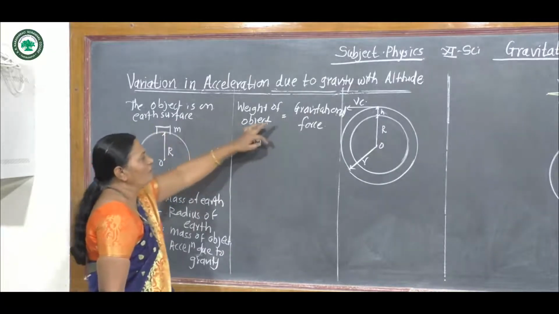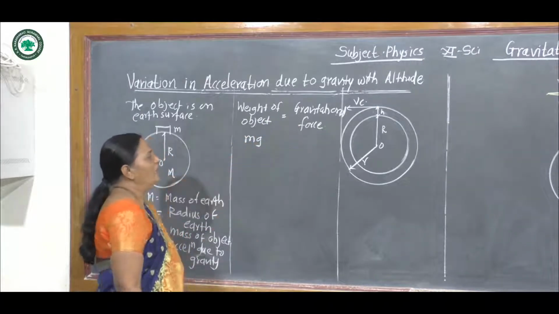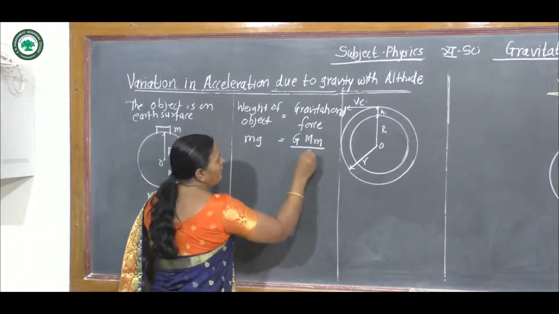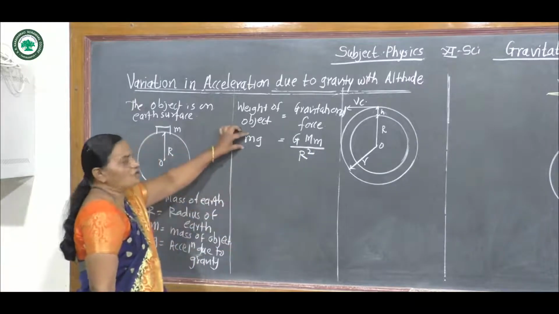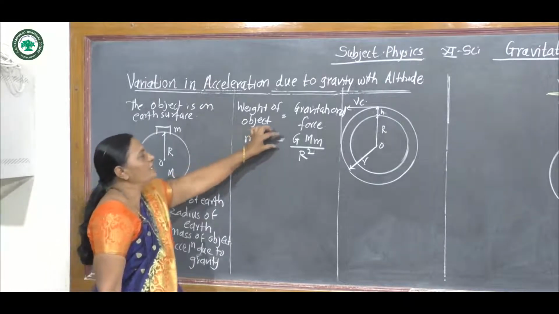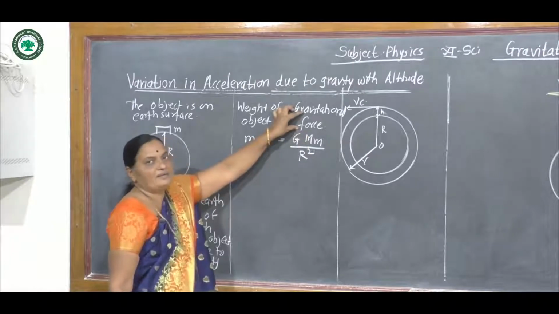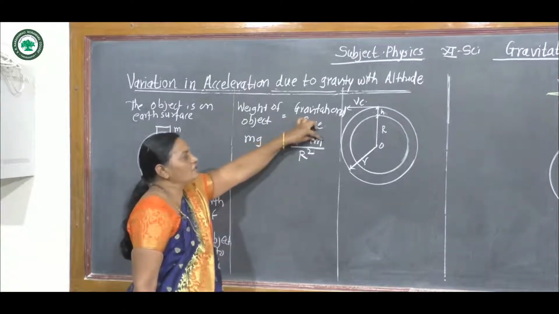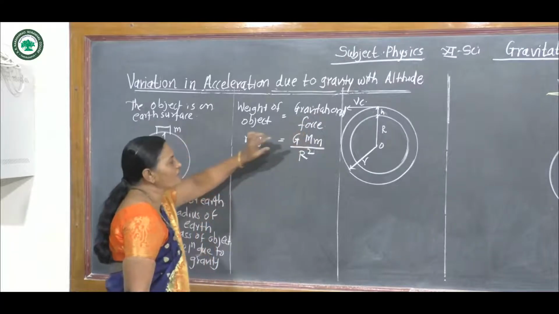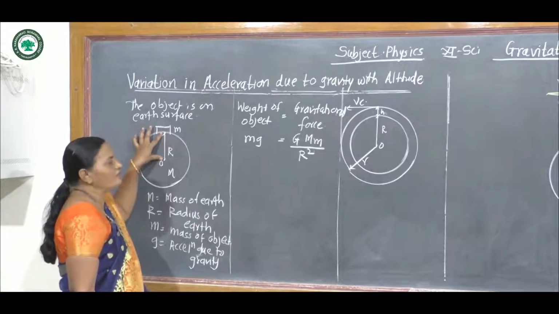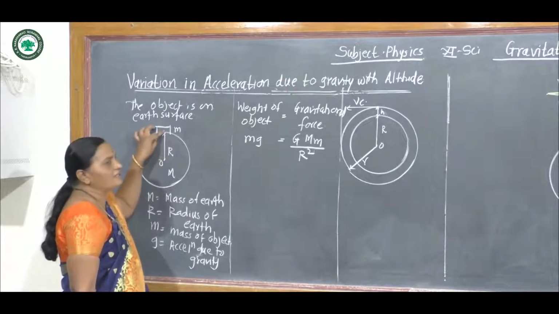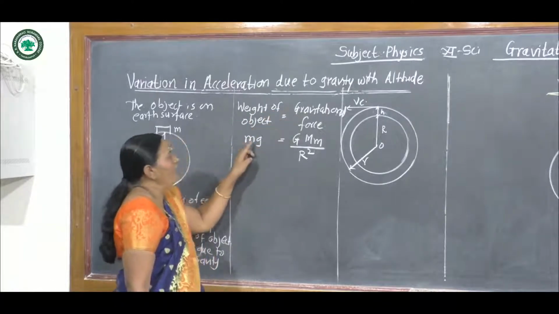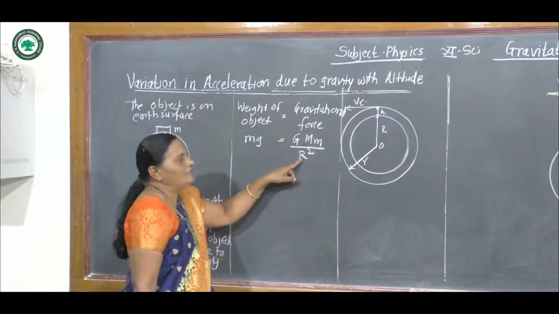Now the gravitational force from Newton's law of gravitation is given by F equal to G M m divided by R square, where G is the constant of gravitation, M is the mass of earth, small m is the mass of object, and R is the radius of earth, the distance from the center to the object at rest. Weight is balanced by gravitational force, so mg is equal to G M m divided by R square. Here m gets cancelled, and we get g equal to G M divided by R square.